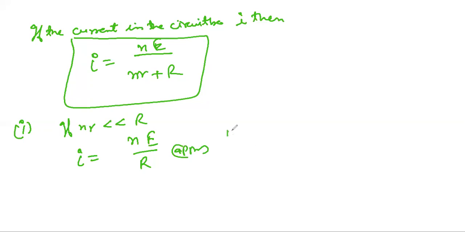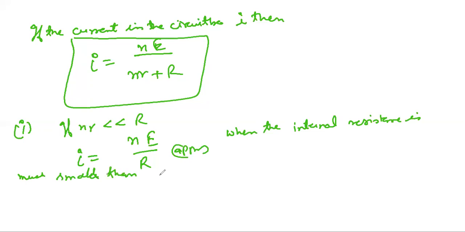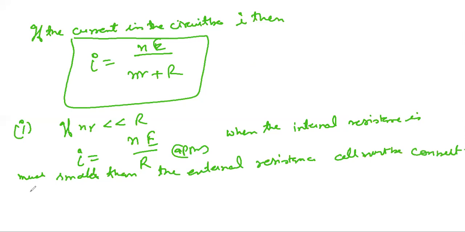When the internal resistance is much smaller than the external resistance, cells must be connected in series to obtain a strong current.